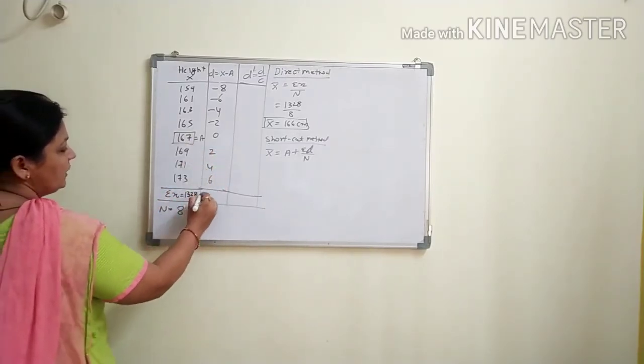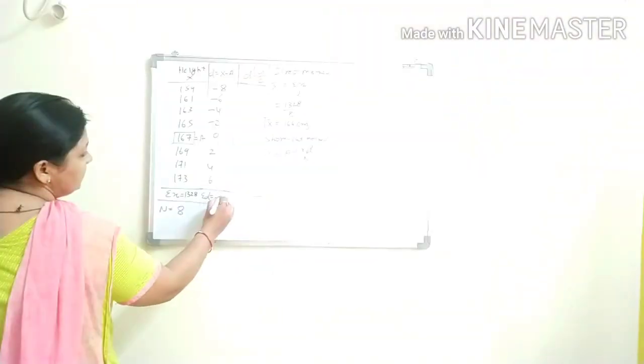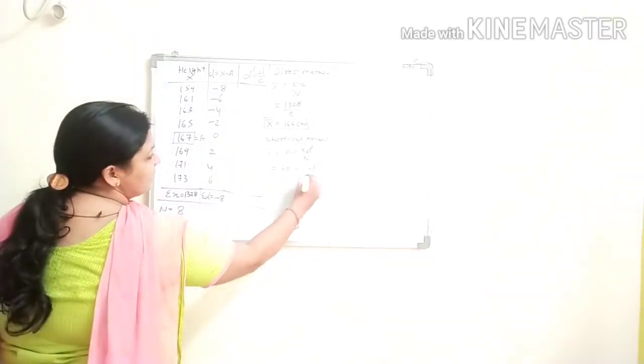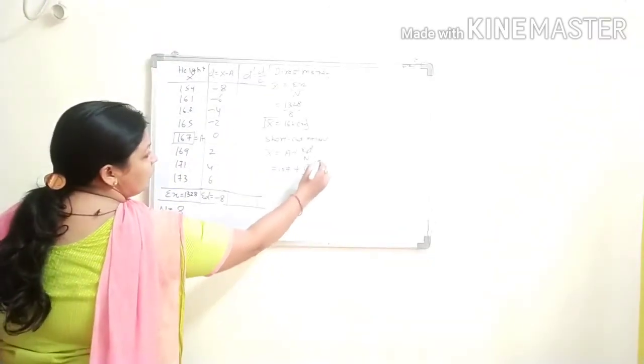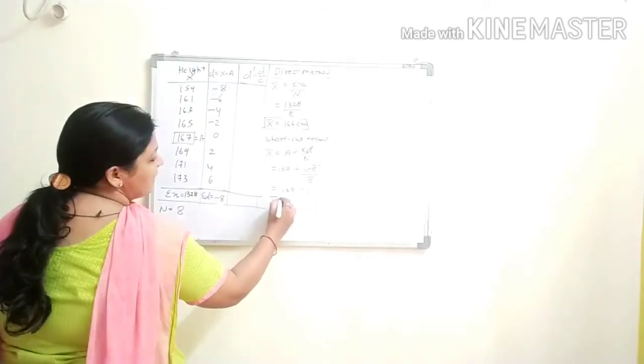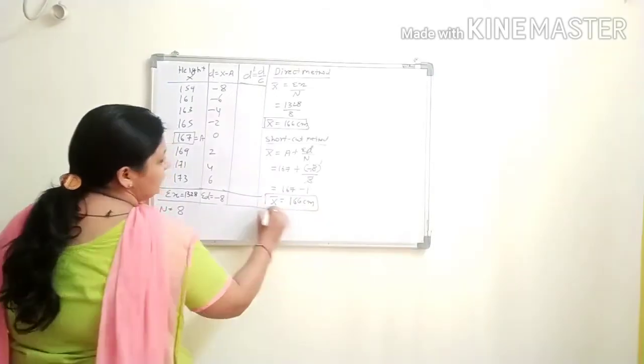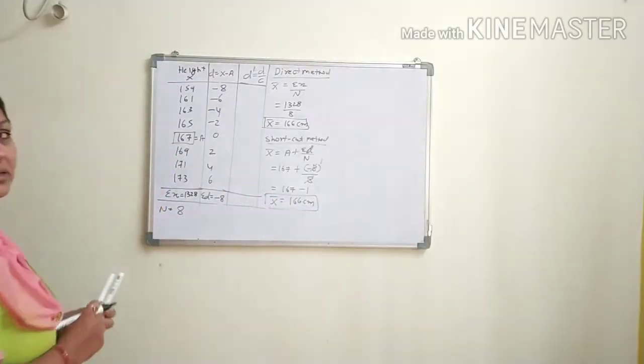Just find sigma D. So sigma D becomes minus 8. So put the value in the formula. A equals 167 plus sigma D, which is minus 8, upon 8. So 8 ones are 8, so 167 minus 1, and x bar equals 166 centimeter. Listen, both answers remain the same.